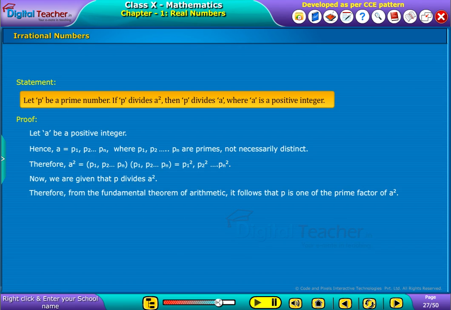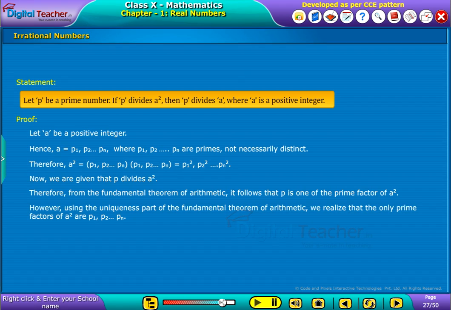Therefore, from the fundamental theorem of arithmetic, it follows that p is one of the prime factors of a square. However, using the uniqueness part of the fundamental theorem of arithmetic, we realize that the only prime factors of a square are p1, p2, so on pn. So p is one of p1, p2 till pn. Now, since a is equal to p1, p2 till pn, therefore p divides a.